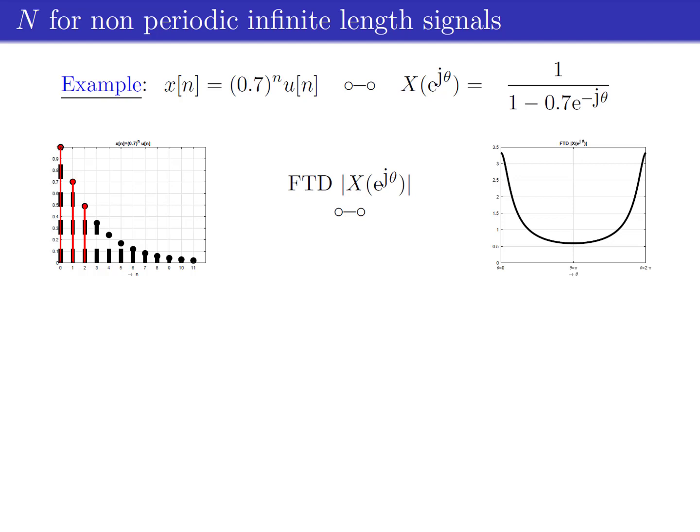When applying a DFT of length N is 3, we use the first 3 samples of x[n], that is, samples 0, 1 and 2, which results in 3 DFT coefficients with an inter-frequency sample distance of 2 pi divided by 3, which are shown in red in the right-hand side figure.